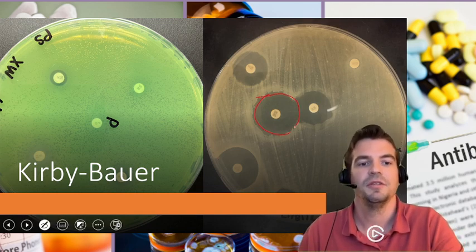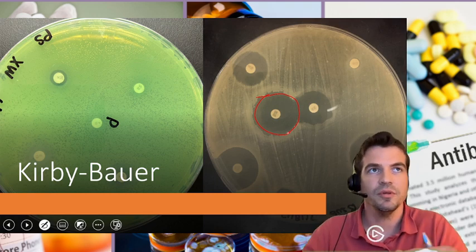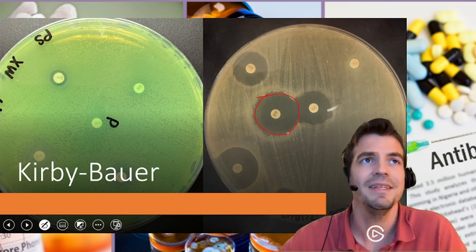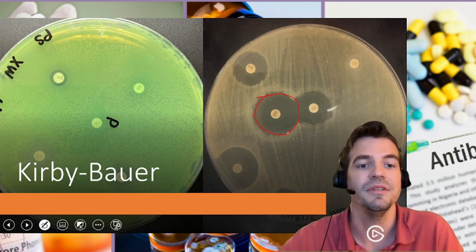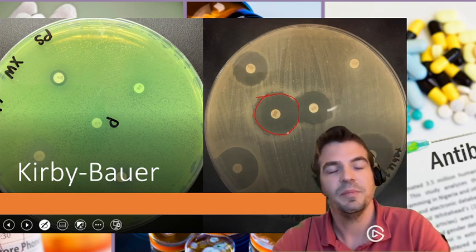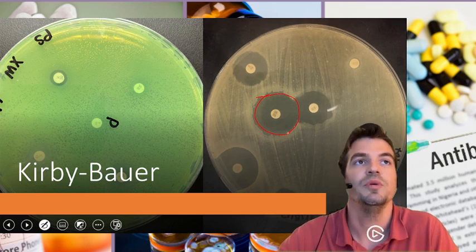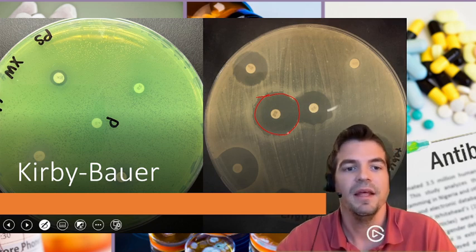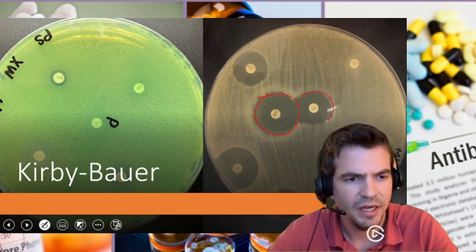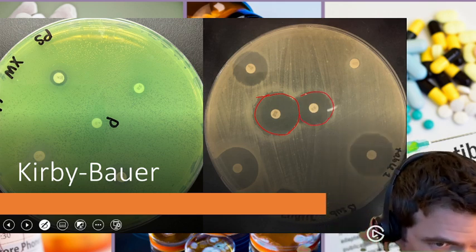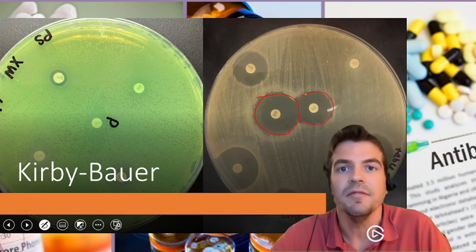With these two pictures, I can say, and I would measure it with my ruler to make sure, that this bacteria is highly susceptible to tetracycline. This bacteria is highly susceptible to vancomycin.